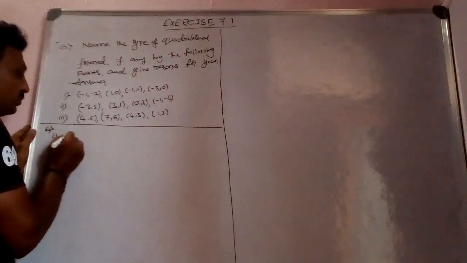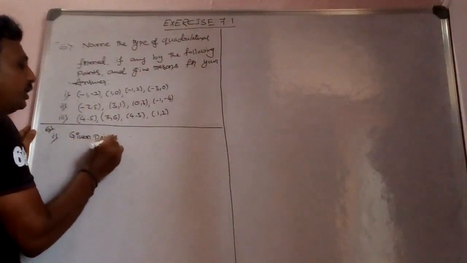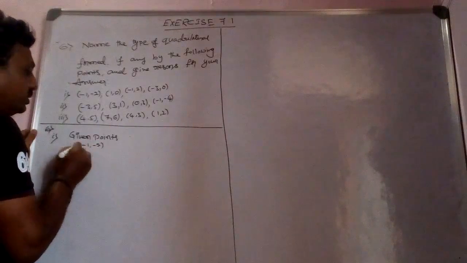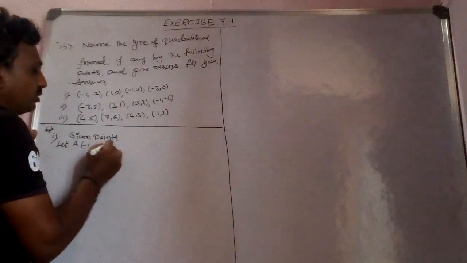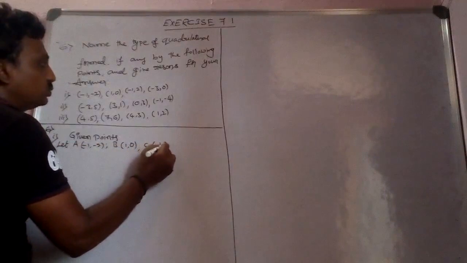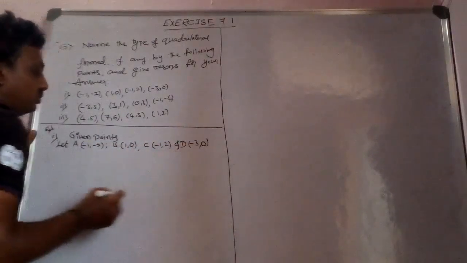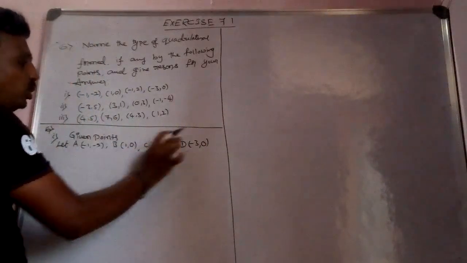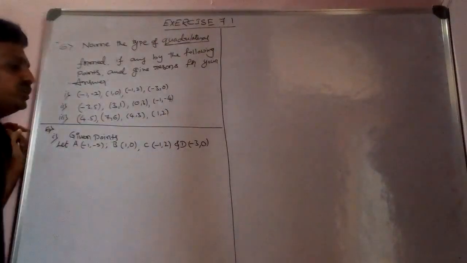The given points are A(-1, -2), B(1, 0), C(-1, 2) and D(-3, 0). Observe this one. Which quadrilateral do these points form?